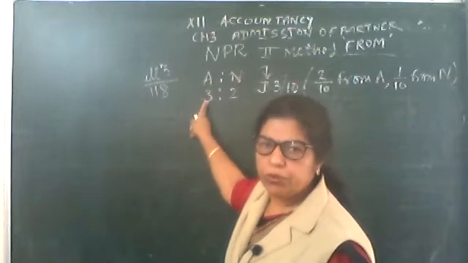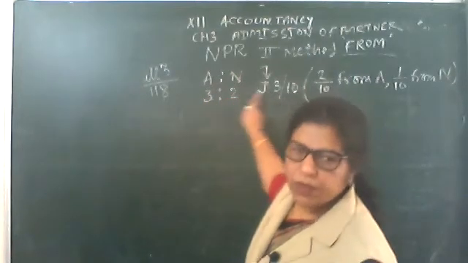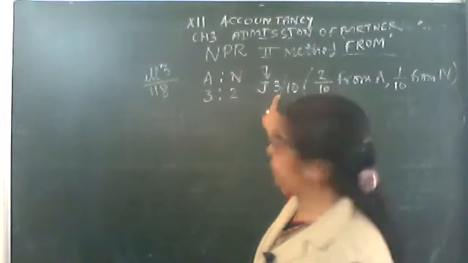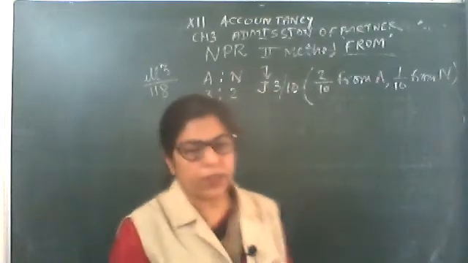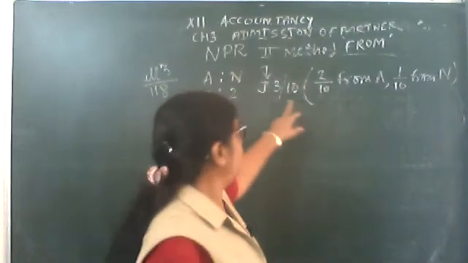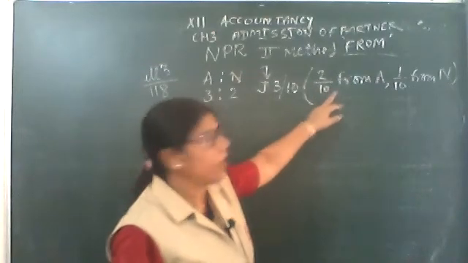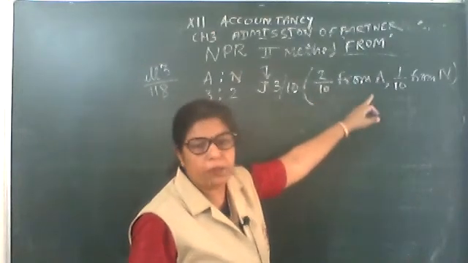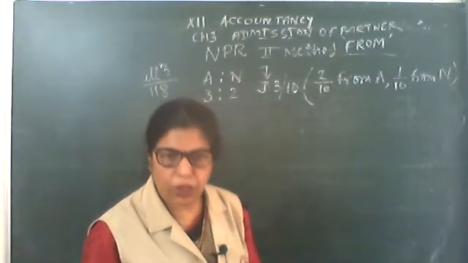Anshu and Neetu are partners in 3:2. They admitted Jyoti for 3/10 share, and of this 3/10, Jyoti will take 2/10 from A, Anshu, and 1/10 from Neetu. So how to solve it?